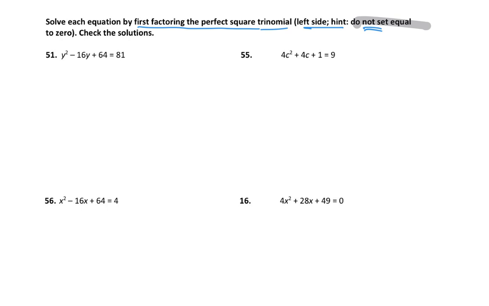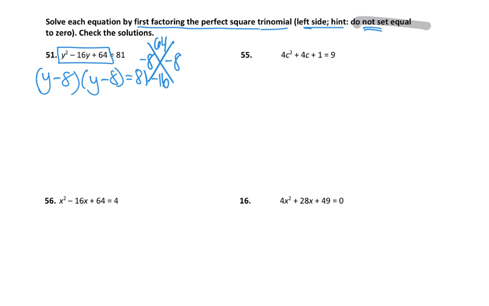So if I'm just trying to factor this right here, I'm looking for two numbers that multiply to get 64 and add to get negative 16. And I see right away that's negative 8 and negative 8. And so that means we're going to go y minus 8 times y minus 8 equals 81. All right, and then hopefully you're noticing we have y minus 8 times itself.